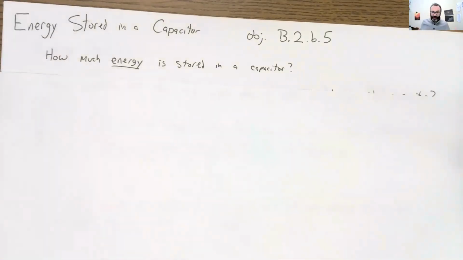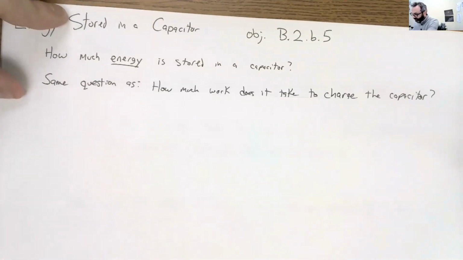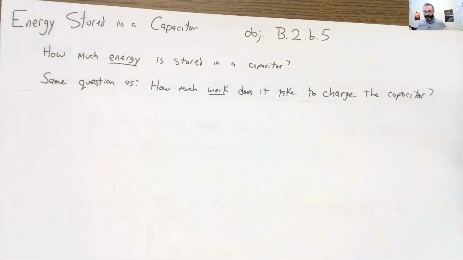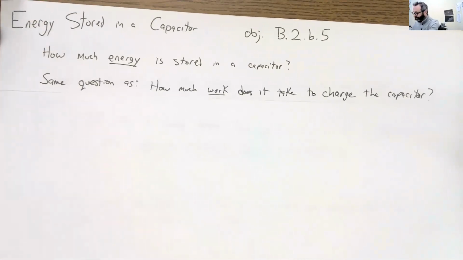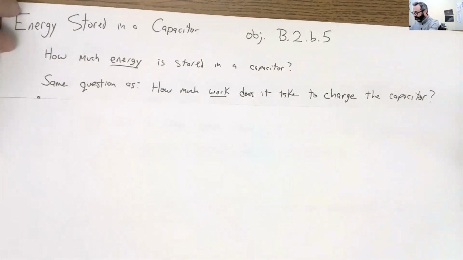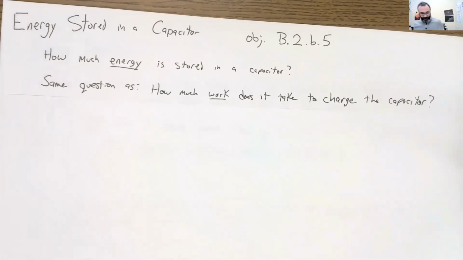When we're asking how much energy we store in a capacitor, it's easier to answer if we think about an equivalent question, which is how much work does it take to charge the capacitor? If you think about conservation of energy, that should make sense. It's going to take work if we want to get a positive charge on one plate and a negative charge on the other, because that involves pulling apart charges that attract.